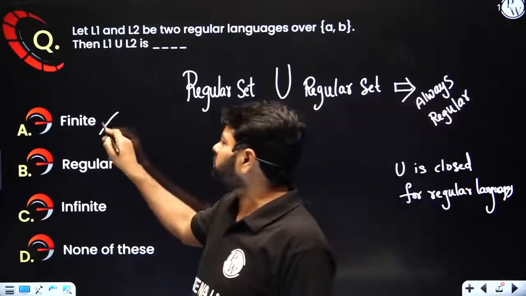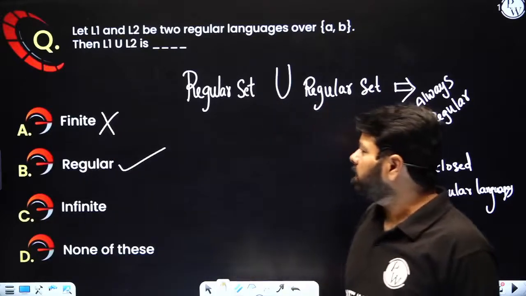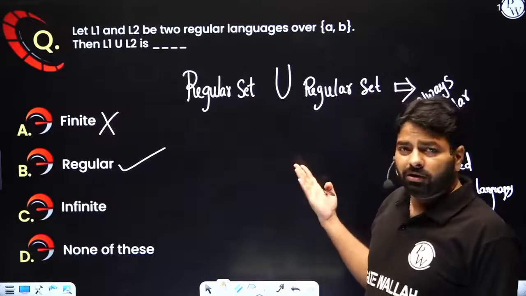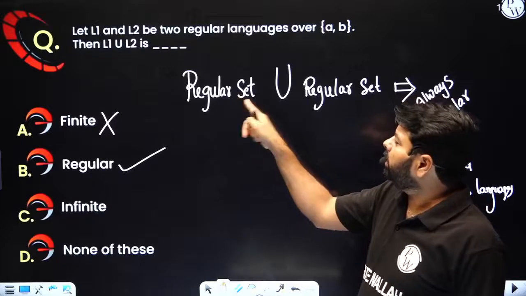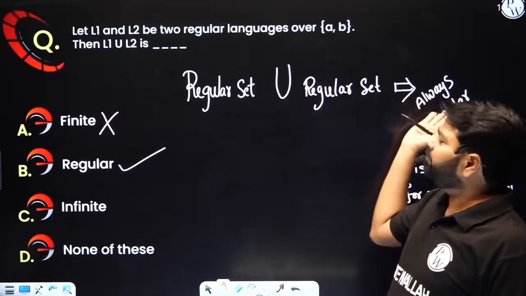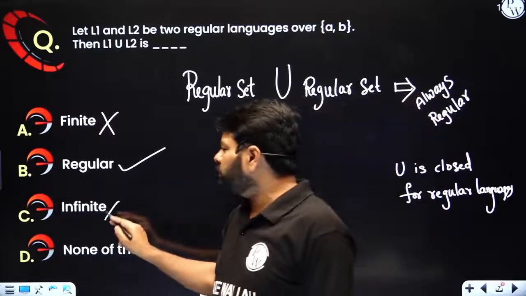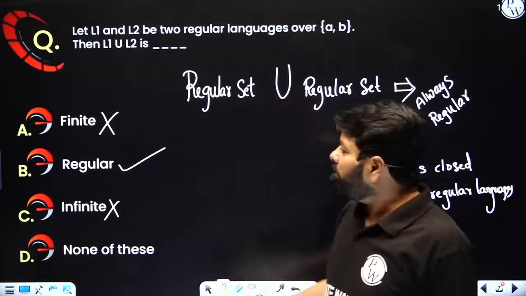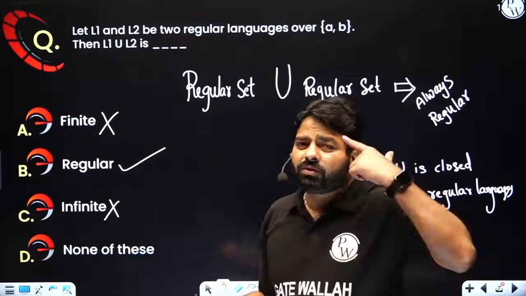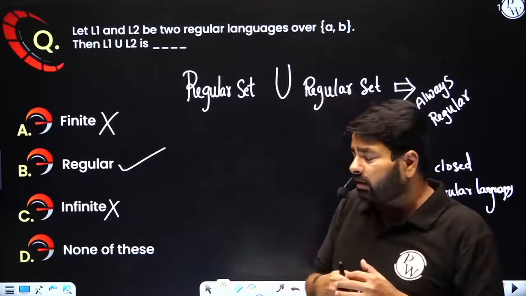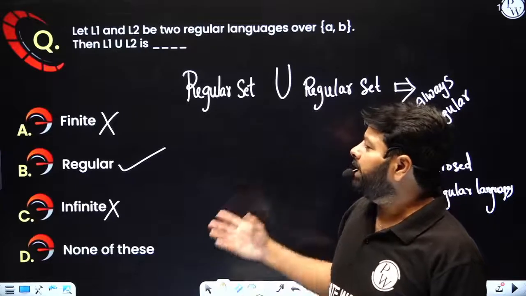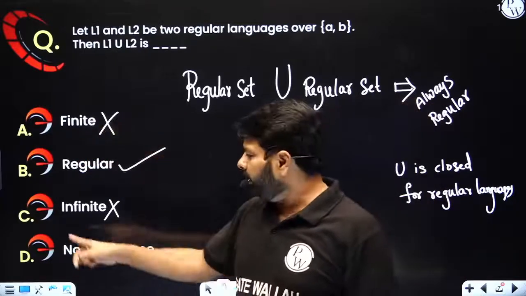So this option is wrong. Regular is definitely correct. Infinite is really not always. Regular union regular, the result may be infinite or may be finite. That's why we don't choose these two. If you want to choose the finite word in the statements, you should say need not be finite, need not be infinite.